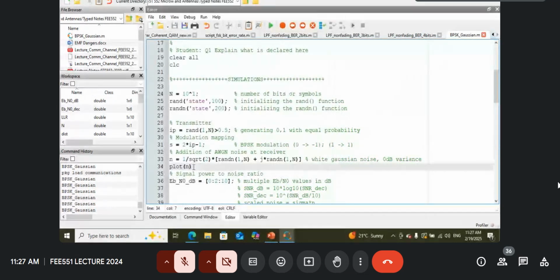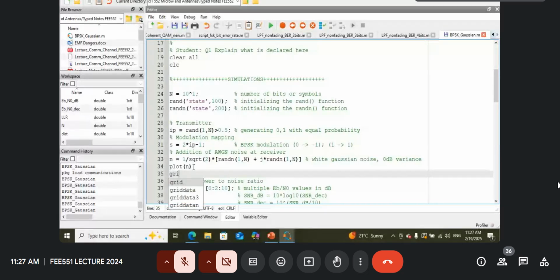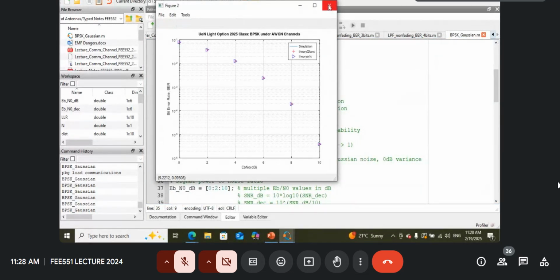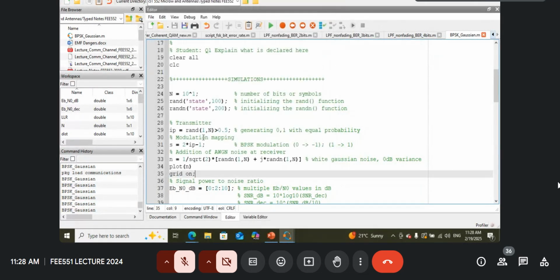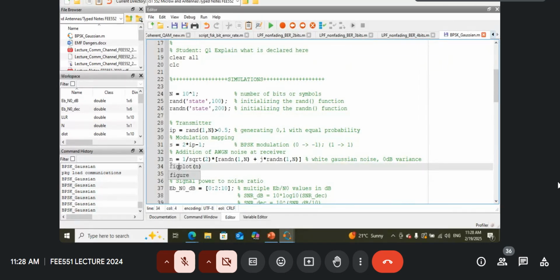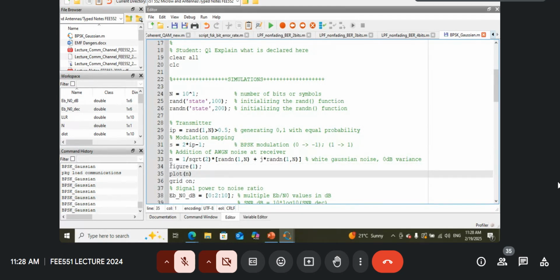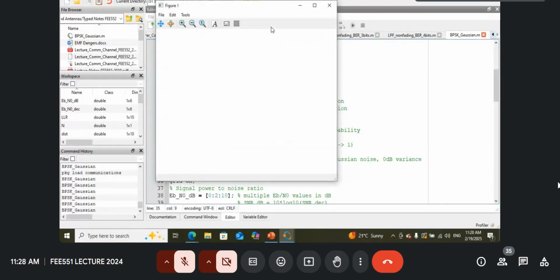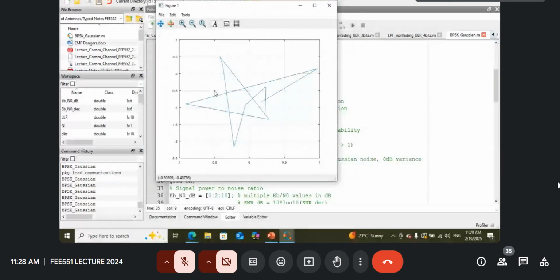I can say grid on. I can put figure 1. Yeah, so you can see the random values.